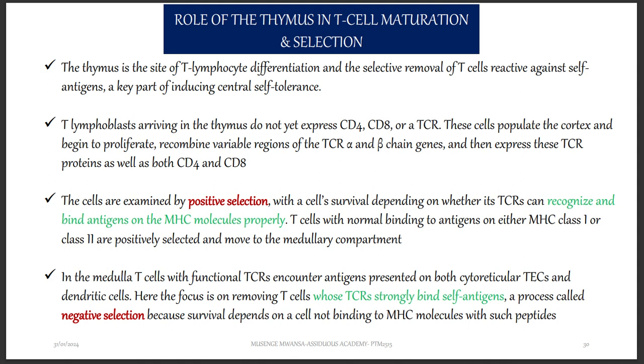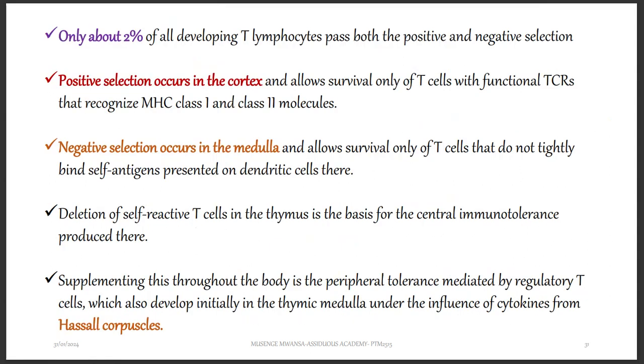Hope you now know the difference. Negative selection means it shouldn't go to the next level because it is binding our own antigens or our own proteins. Positive selection means it's going to the next level because it can actually bind MHC class molecules. Of all the T cells which are developing, only about 2% will pass positive and negative selection.